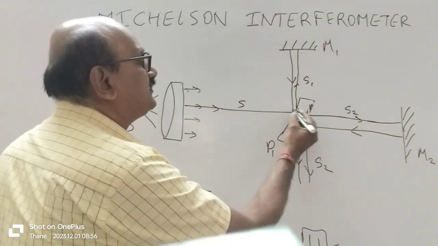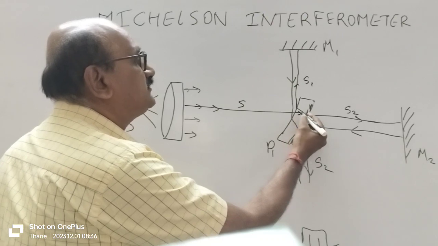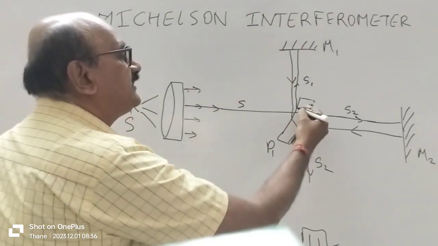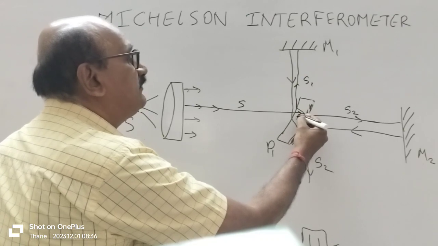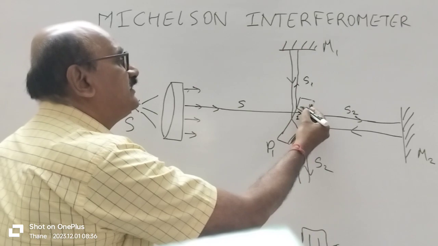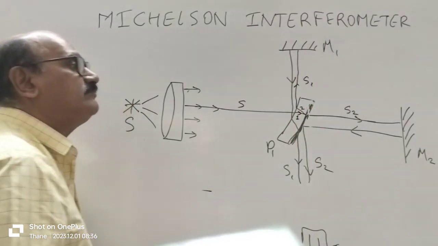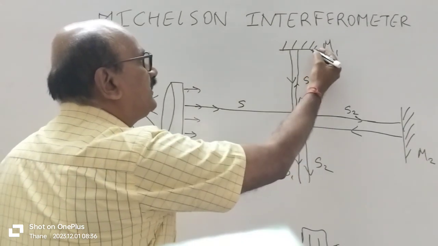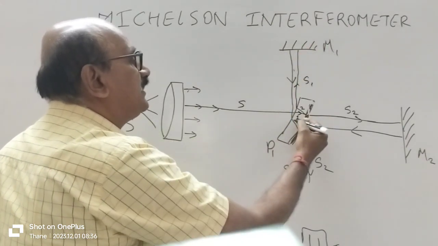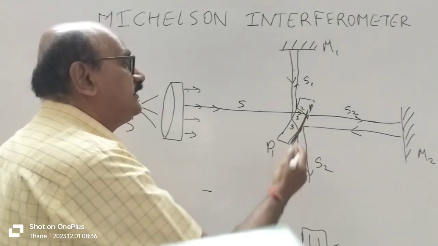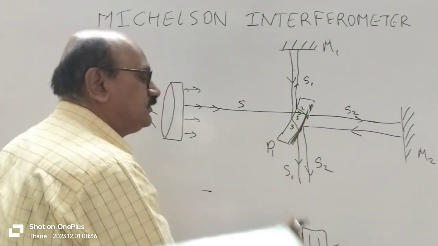When it starts from the original source, it travels once and comes to the back of the plate P1. This is the first time it is traveling in the glass medium. Then it gets reflected back. Again it is traveling in the glass medium. It is the second time it is traveling in the glass medium. Then it moves towards mirror M1, gets reflected back, coming to the plate P1. Again it travels the third time in the glass medium. Then it comes out and moves towards the telescope T.